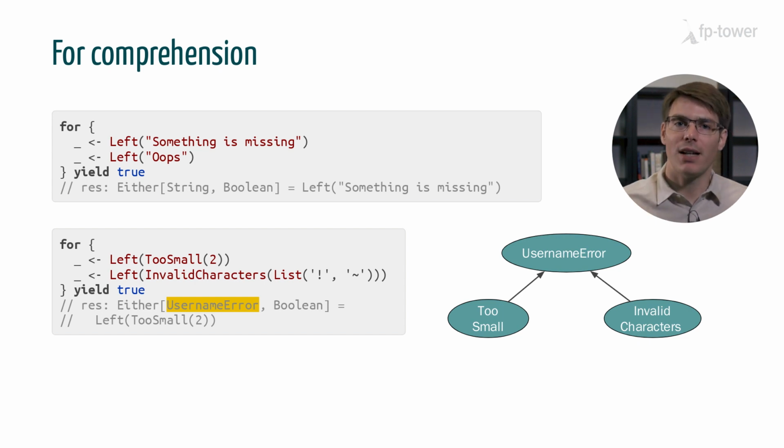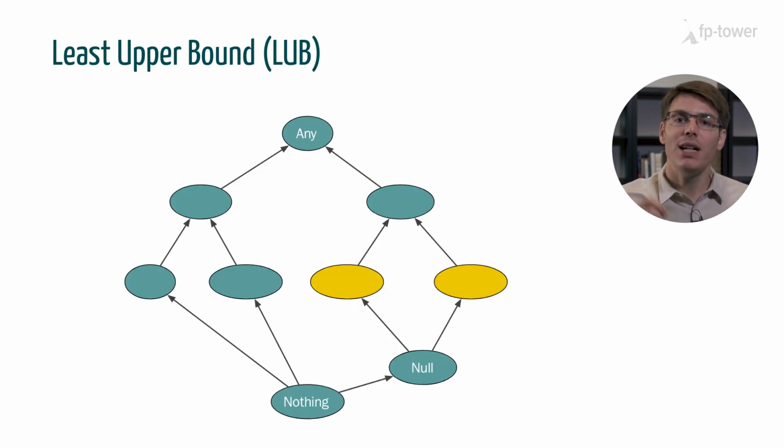Let's have a look at a couple of examples. What is the least upper bound of two types which have the same direct parent? As we have just seen, it is the parent class. Next, what is the least upper bound if both types are in completely different parts of the type hierarchy? In this case, it is any, because any is a common parent of all types.